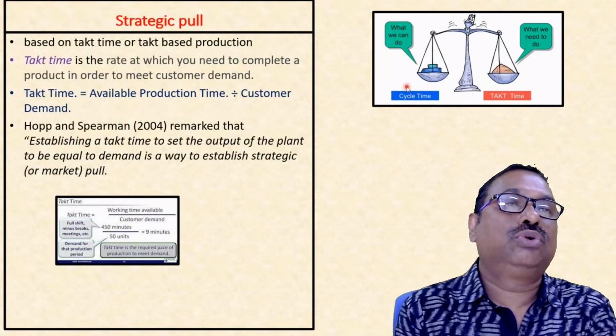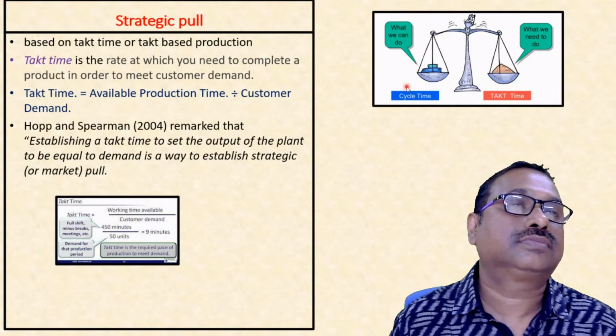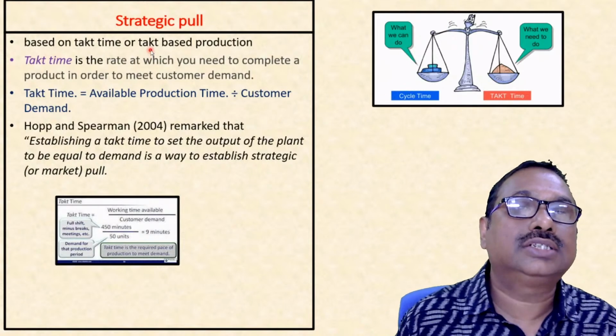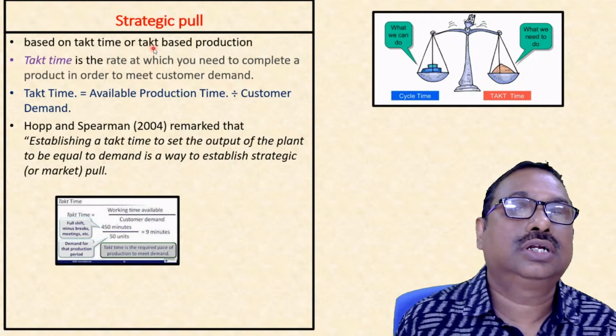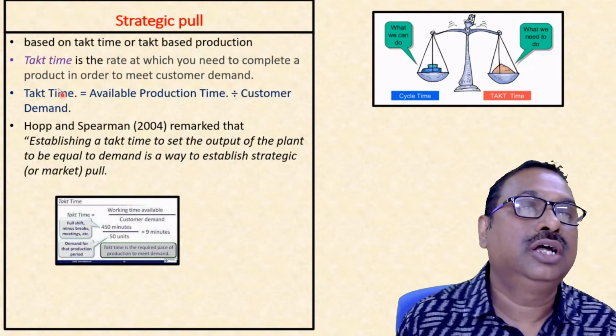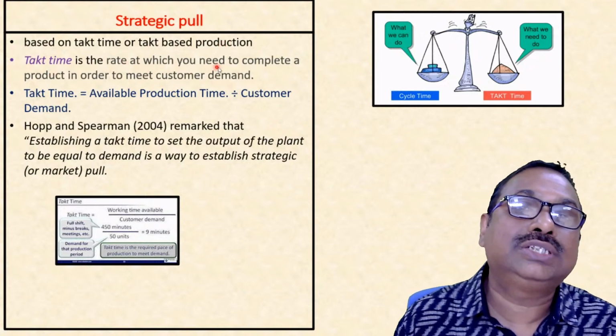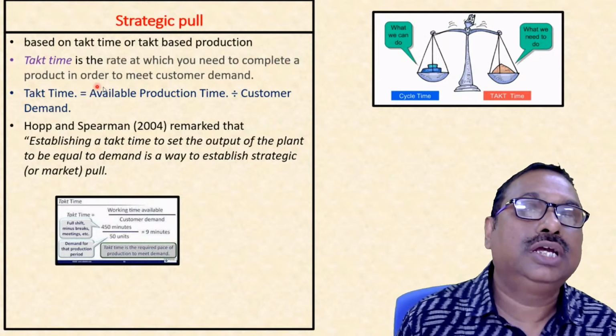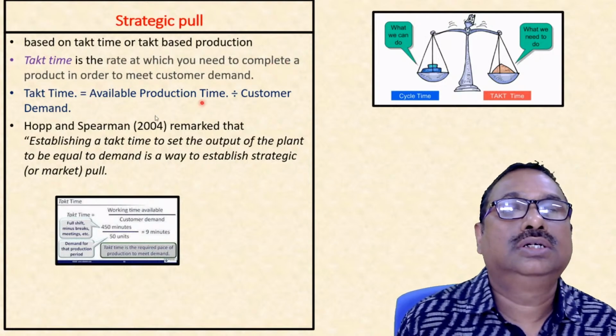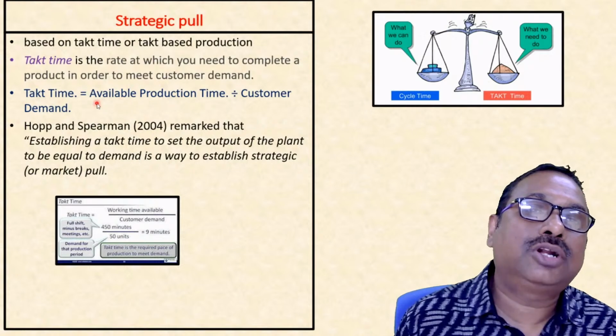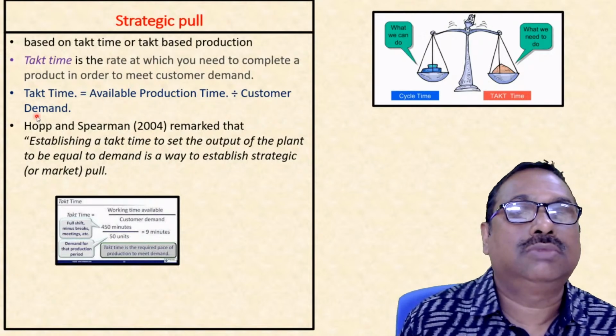This is strategic pull. Strategic pull is also known as takt-based production. Takt time is the rate at which you need to complete a product in order to meet customer demand. Takt time is available production time divided by customer demand.